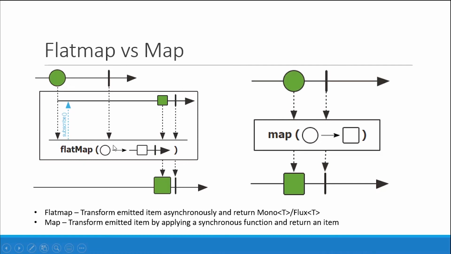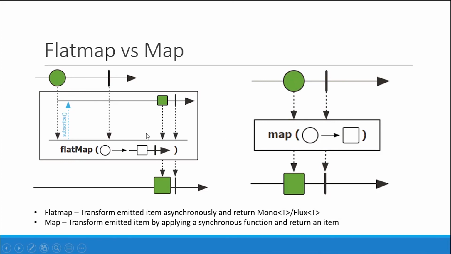After some time, it turns the circle into a square. Then it starts emitting to the downstream timeline. So the result is not on the same timeline as the previous one.